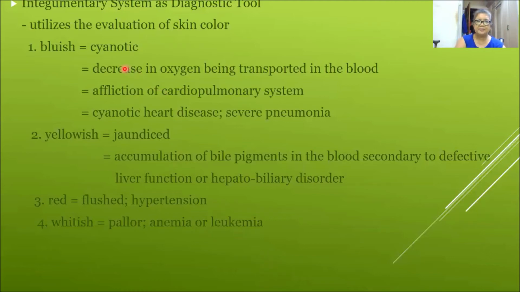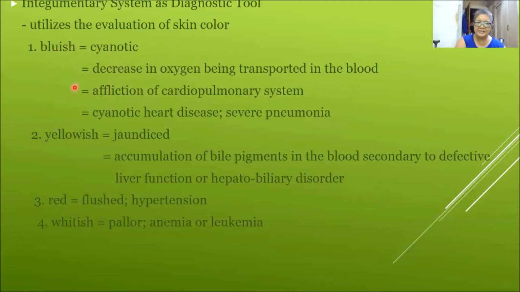So when you see a patient who is bluish, you will say that the patient is cyanotic. A cyanotic patient has a decrease in oxygen being transported in the blood. So before you ask the patient what happened, you administer oxygen at once to relieve him, so that he would be less cyanotic.